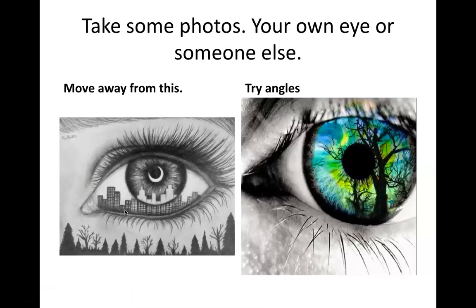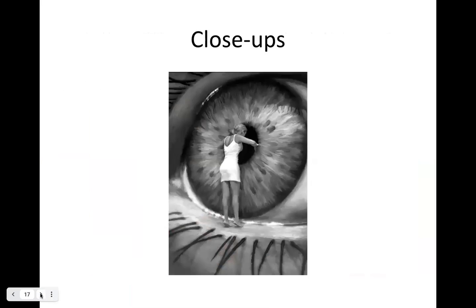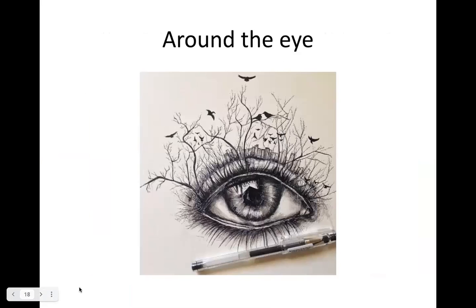The eye is really nice in this first one, but it's really generic in that cityscape and the trees at the bottom. So think about angles like the one on the right. Some more examples of angles, right? You can do a close-up where you don't need to show the whole eye. You can do the area around the eye.